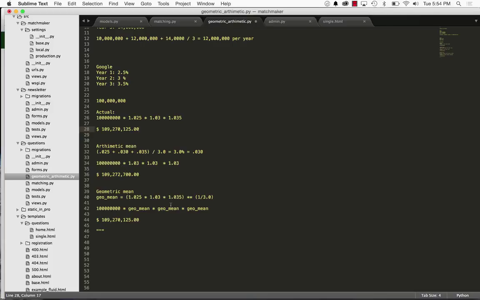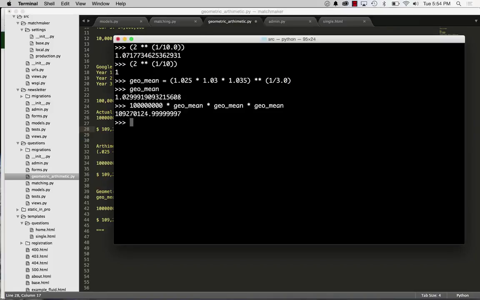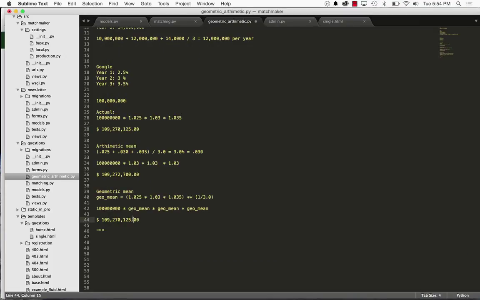Where geometric mean is not slightly off. The reason it's slightly off here is because of how float numbers work versus decimal numbers, which is something we'll clarify in the matching function. But this is still working, and it's ready to bring us to that next level, which is calculating our matching function so we can prove some sort of value for our matches.